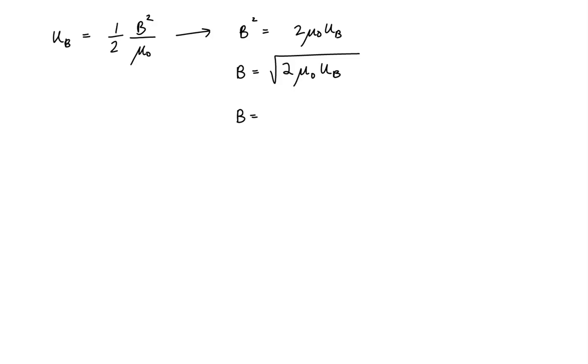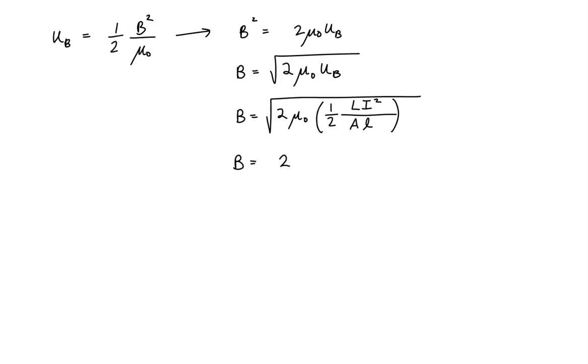Well, this is just the square root of 2 times the permeability of free space times the expression that we got for the energy density of the magnetic field, which is equal to 1/2 times the inductance times the square of the current through the inductor divided by the area of a loop of the inductor times the length of the inductor.